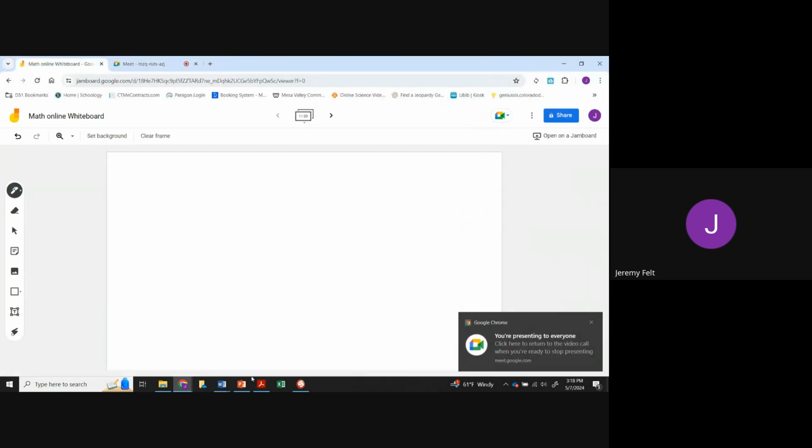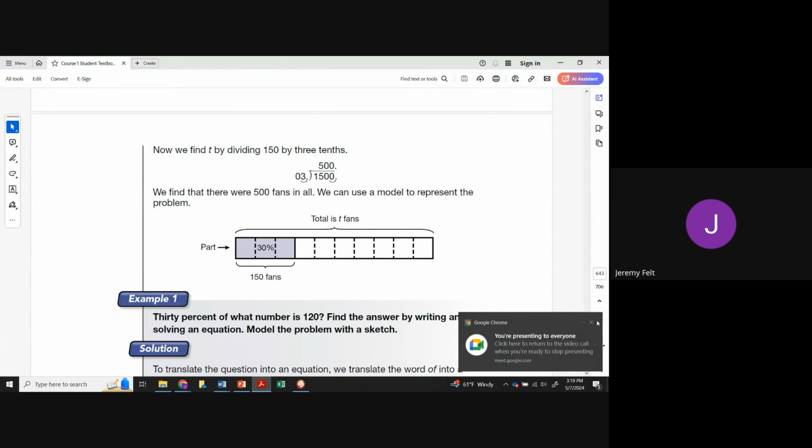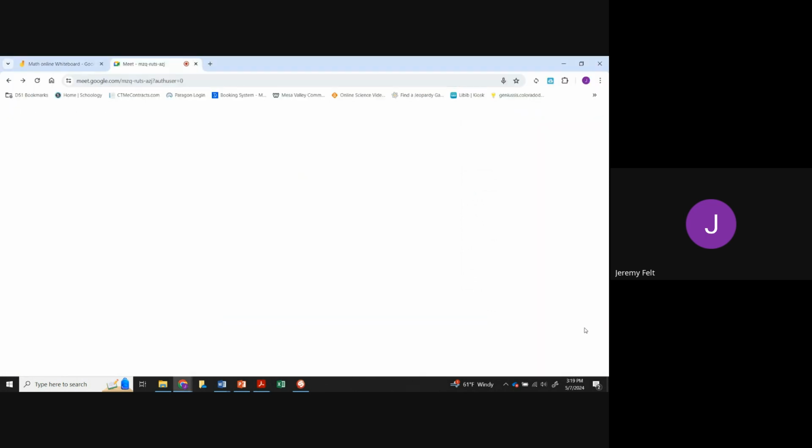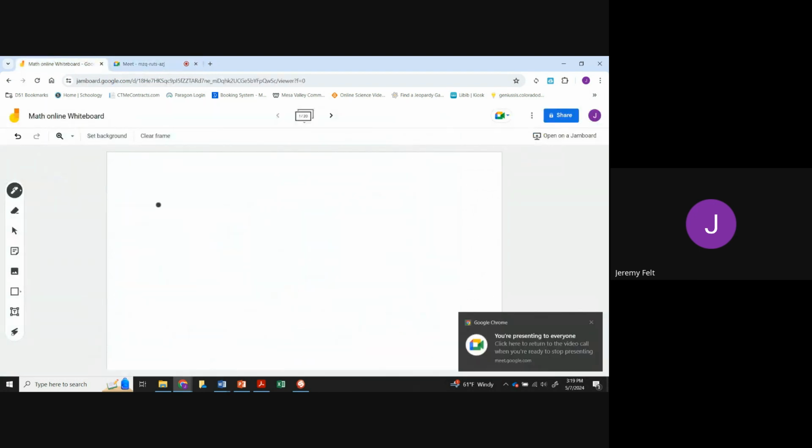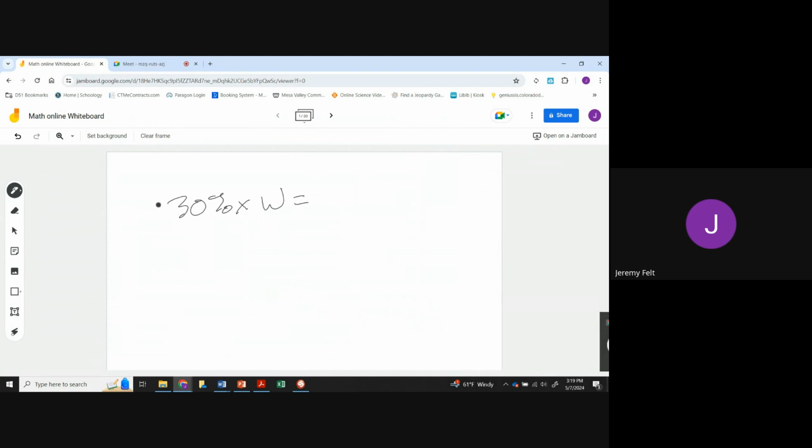It says 30% of what number is 120? Find the answer by writing and solving an equation, model the problem with a sketch. So let's simplify this down.